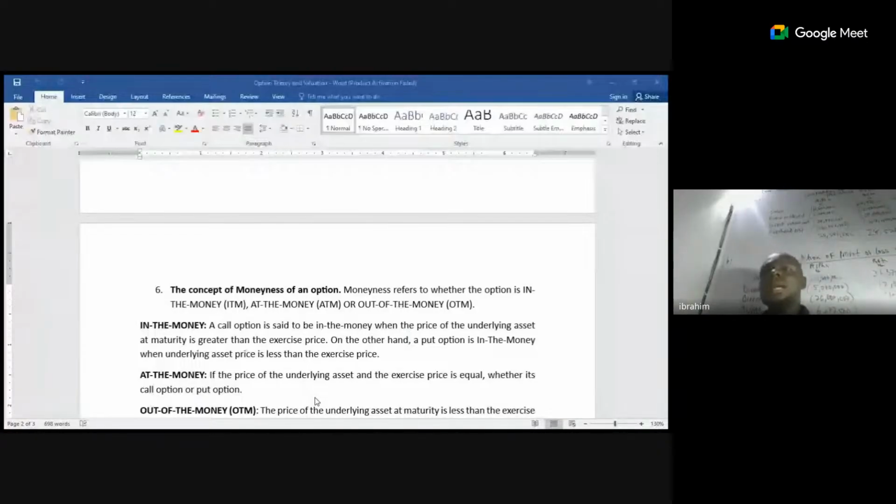On the other hand, a put option is in the money when the underlying asset is less than the exercise price.